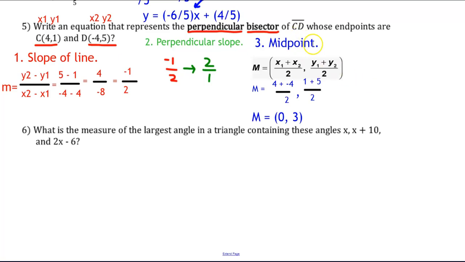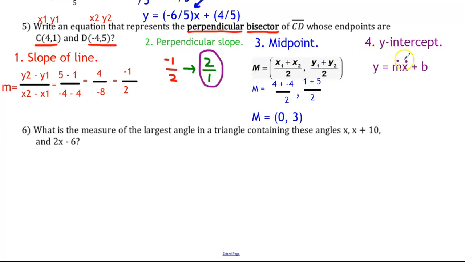So the next step is to find the equation of the line. We have the slope of the line already. This is the perpendicular slope. We know that since it's a bisector, it has to pass through this point, the midpoint, 0, 3. So what we're going to do is solve this equation for the y-intercept. We know a linear equation is y equals mx plus b. And it turns out we have the m, that happens to be this slope.